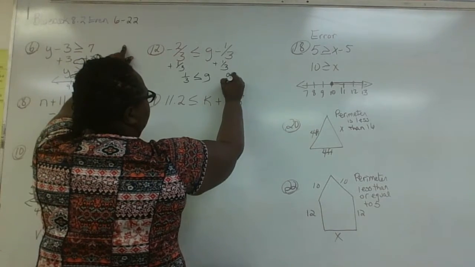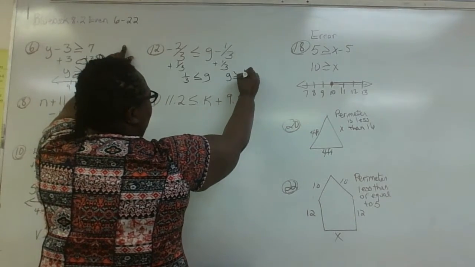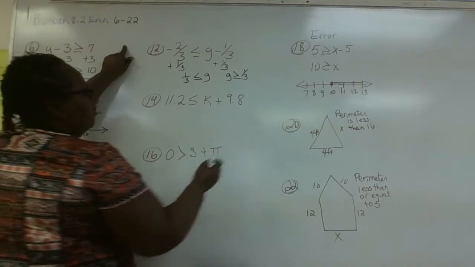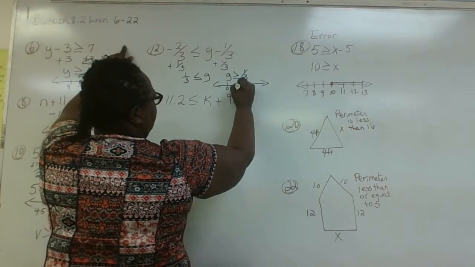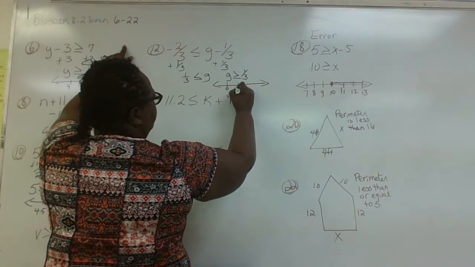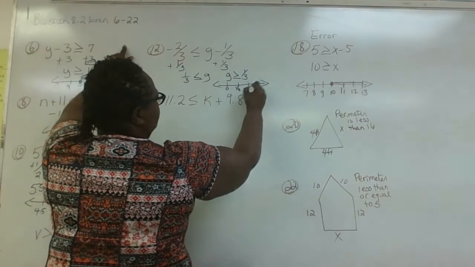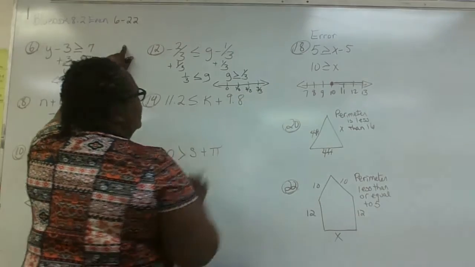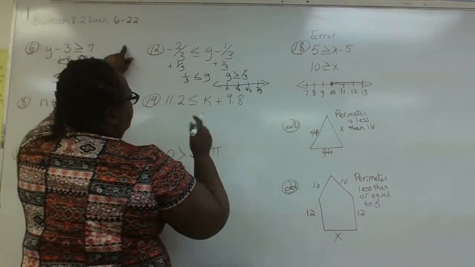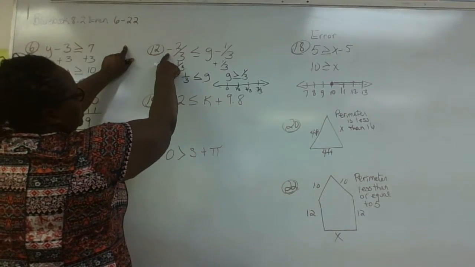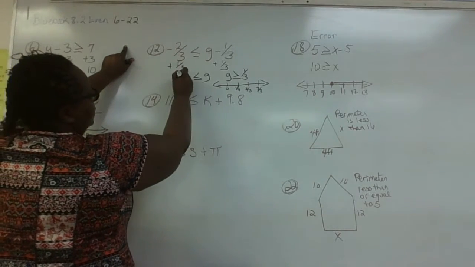So g is greater than or equal to negative 1/3. When we graph, we can have 0, 1/3, 2/3, 3/3. Since this should be negative because it was a negative 2/3 and a positive 1/3, this actually should be negative.